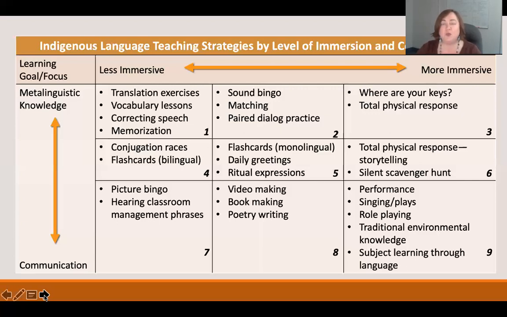Total physical response is much more immersive, and there are different ways of doing it that can be a bit more grammar focused and a bit more communication focused. But ideally we want to use a variety of these methods, sometimes in a spiral design where we're going back and forth and revisiting concepts again.